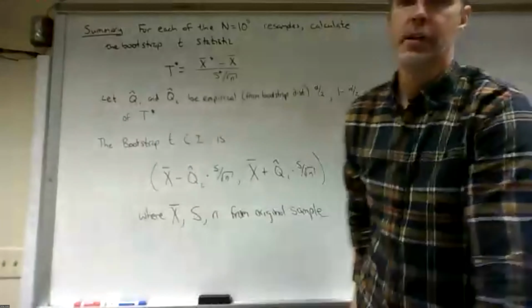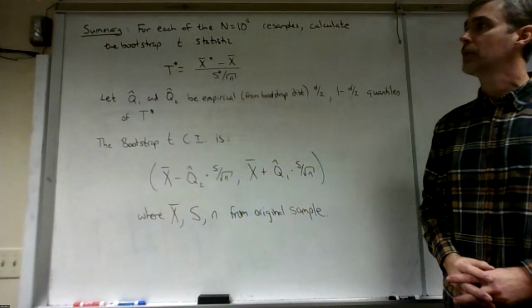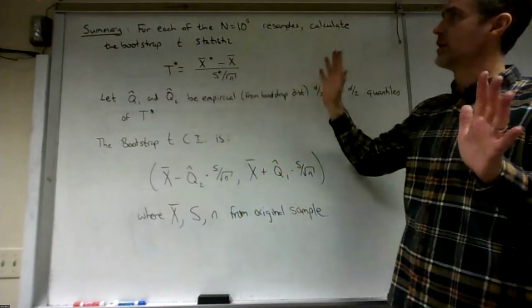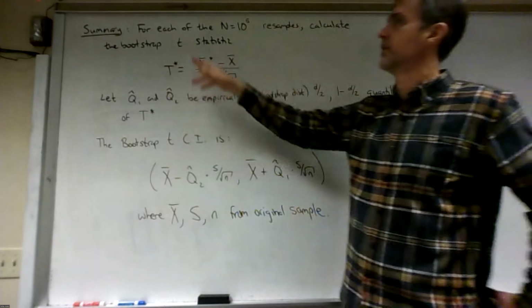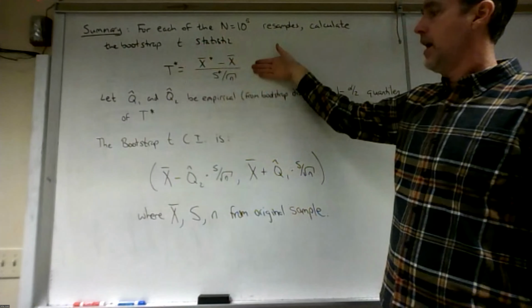All right, so one last panel to summarize what we've done here. So pause, copy, play. So in summary, for each of the 10 to the 4th or 10 to the 5th resamples, we're going to calculate this bootstrap T statistic, okay?